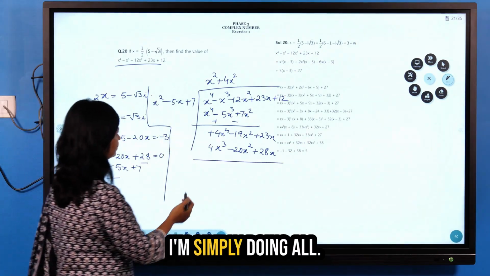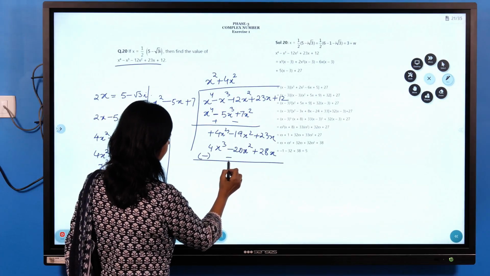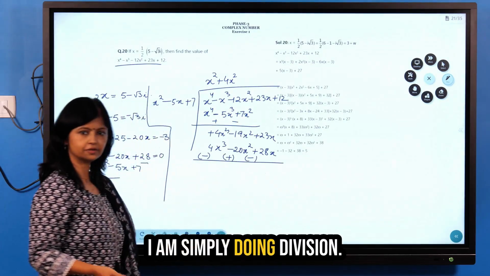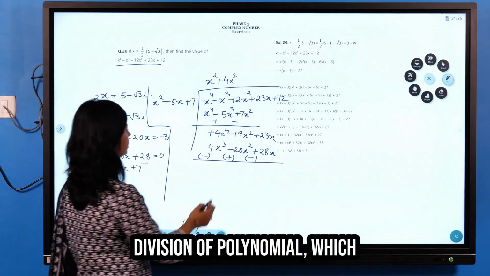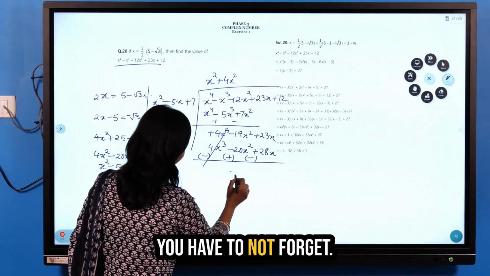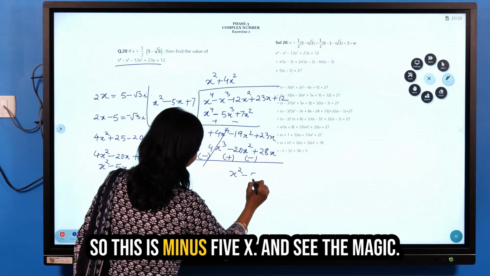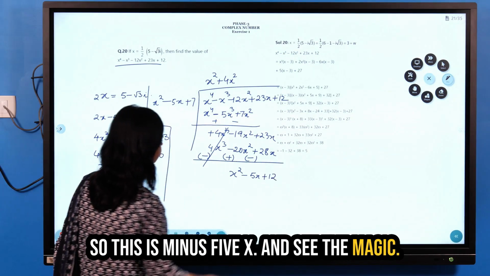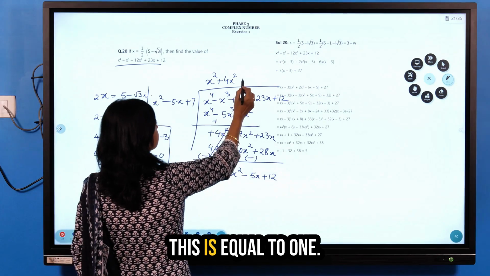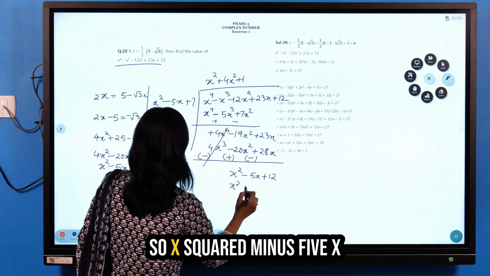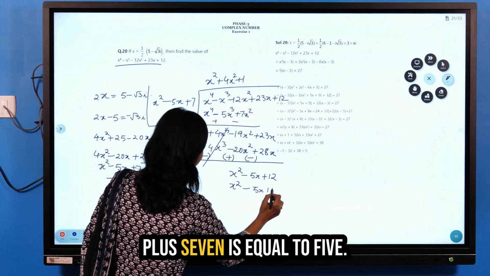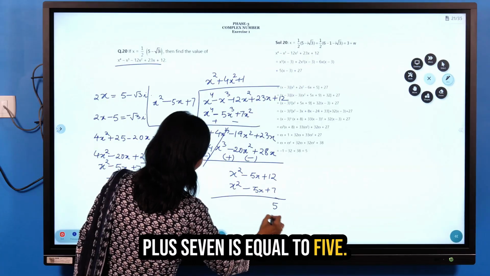I am simply doing division of polynomials, which you should not forget. So this is minus 5x, and see the magic. What has happened? The remainder is equal to 5.